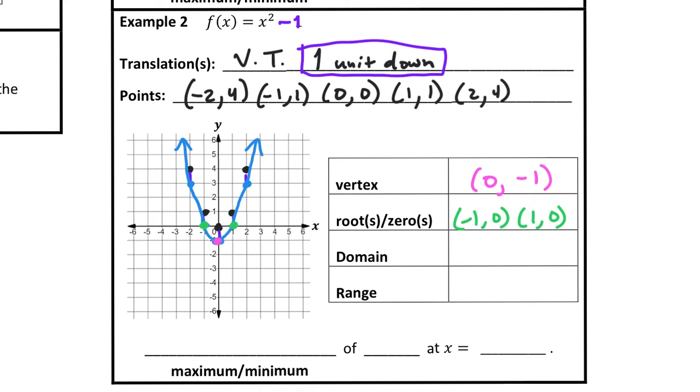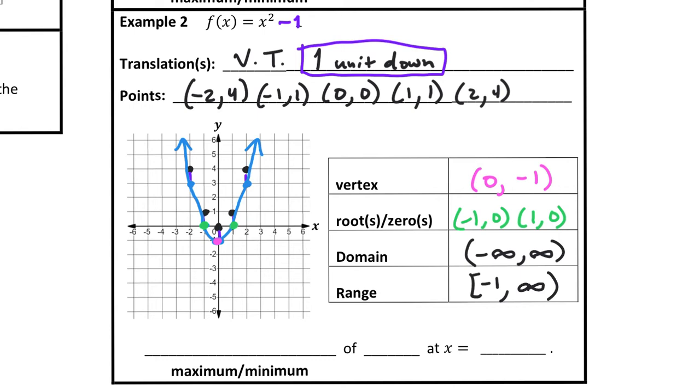Domain, again, always stays the same. It's -infinity to +infinity. But the range changes this time because the lowest point now changes from 0 to -1. So we can put a bracket. -1 is the lowest point. And the highest point, since the arrows are going up, is +infinity.